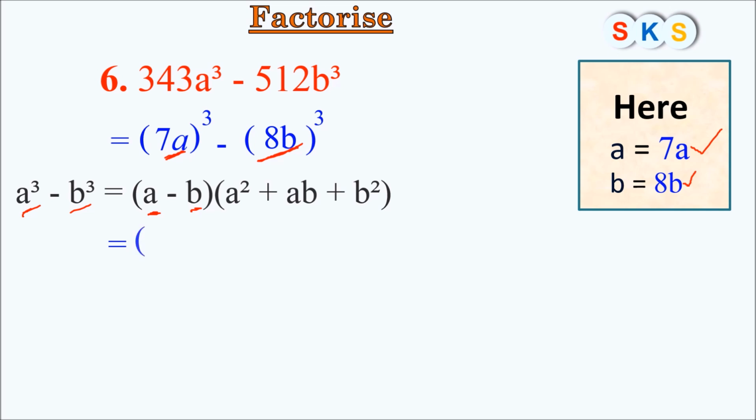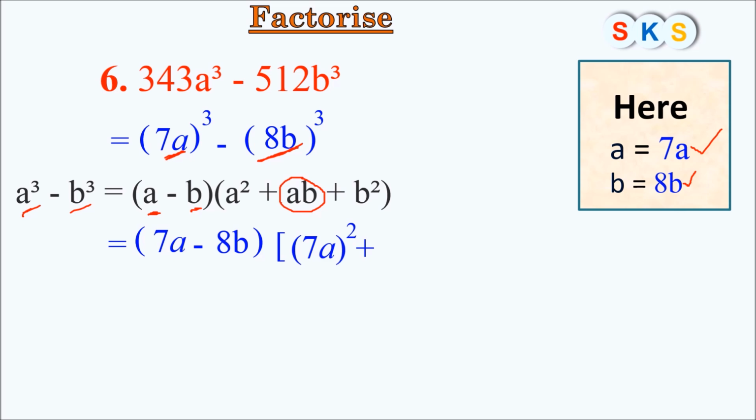So in the first bracket, if we substitute the value of a and b, we will get 7a minus 8b. Close the bracket. In the next bracket, you can see the first term is a square, right? And what is the value of a? You can see in the rectangular box, it's 7a. So we will write here 7a the whole square plus, now the next term of the second bracket is ab, right? Ab means a into b.